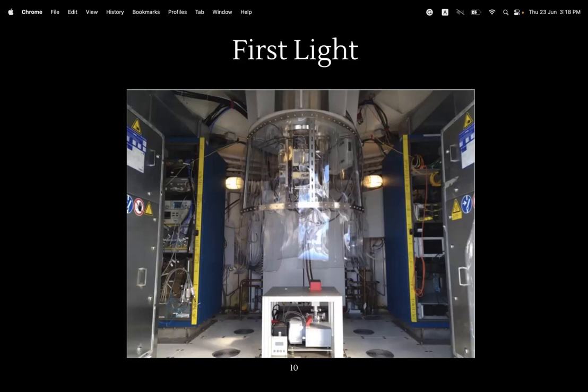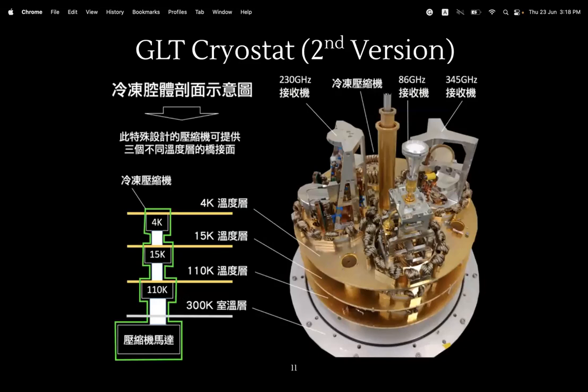For example, the receivers we are using right now, back in 2010, even though we had the capability to develop them, we only had limited manpower, so we took advantage of all the ALMA development.